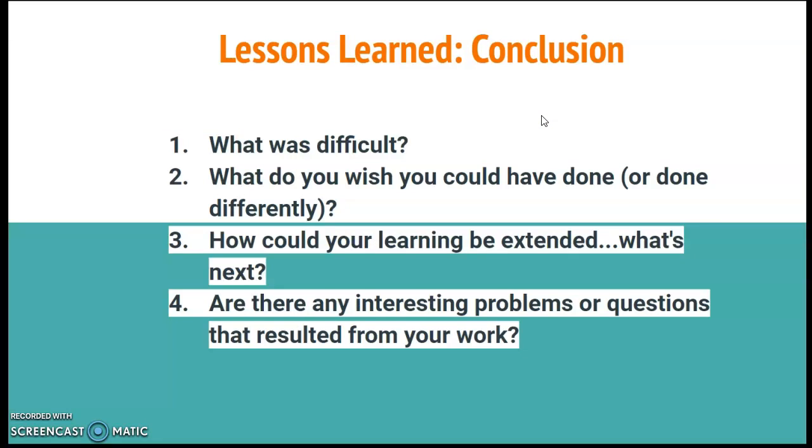Lessons learned and my conclusion. Number 1, what was difficult. I think what was difficult for me was to find what works for Nikhil. Sometimes it's hard for me to really, I guess I have to spend more time with my students as an individual. And I've been with Nikhil individually before, but I feel like I need to put more time into it.